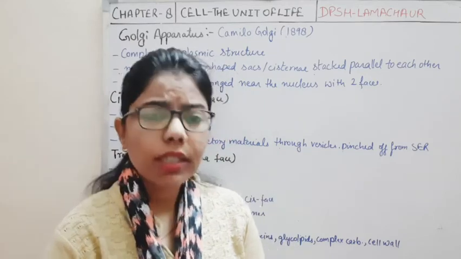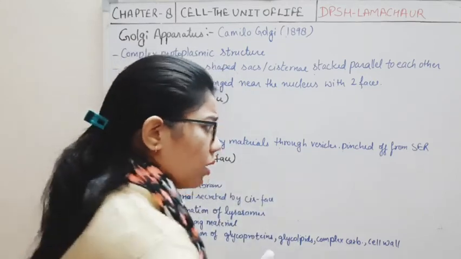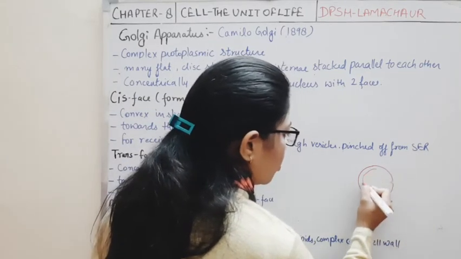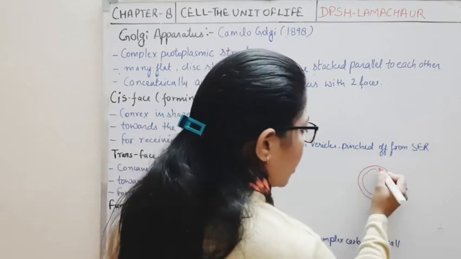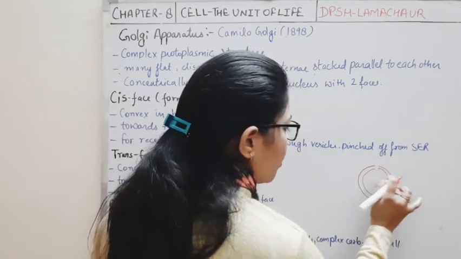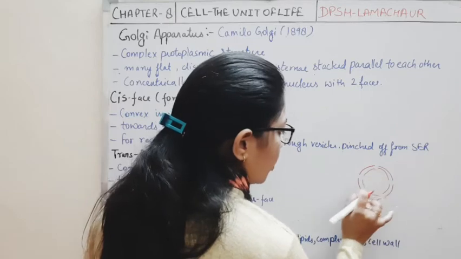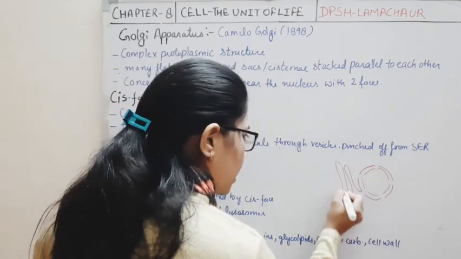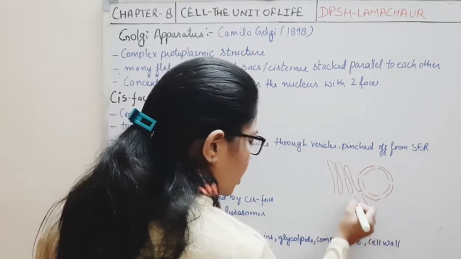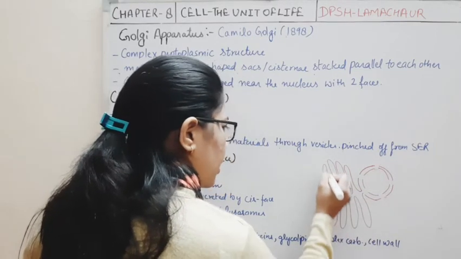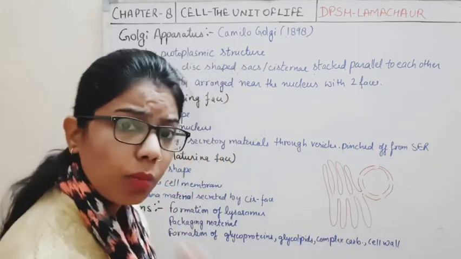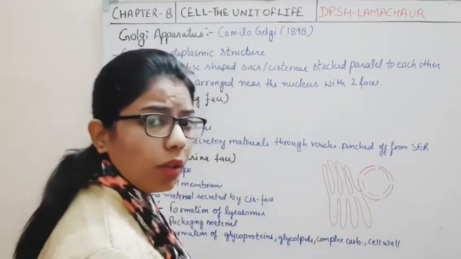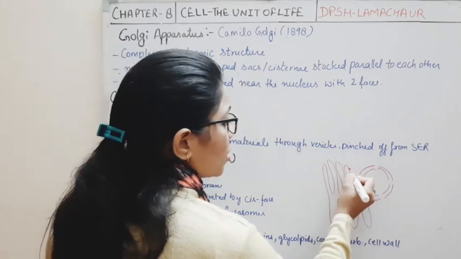If you move from outside to the inner side, you will find that the nucleus is there. Some structure is connected to this nucleus. The nucleus is a double membrane. Here some pores are present, as we have discussed, and in these pores the endoplasmic reticulum is connected. Endoplasmic reticulum was also of two types: the rough endoplasmic reticulum and the smooth endoplasmic reticulum.